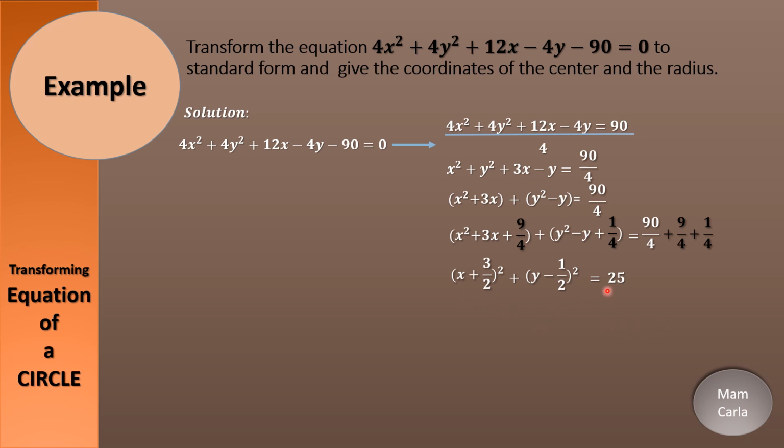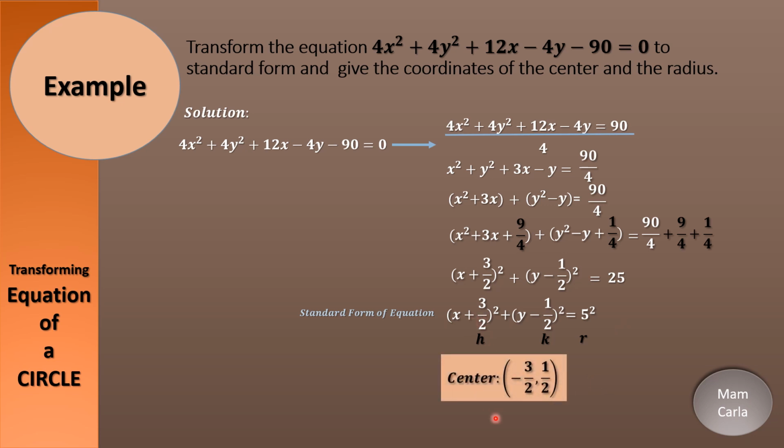Now, we have to transform this into center radius form. So now we have quantity x plus 3 halves raised to the second power plus the quantity of y minus 1 half raised to the second power equals 5 squared. So we can now determine the h and k, which are the coordinates of the center, and of course the radius. So the center is at, since we need to get the additive inverse, negative 3 halves.